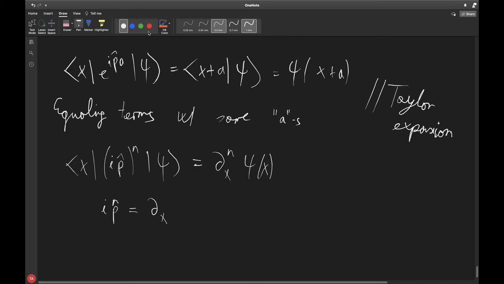And so from this, if I multiply with I, then I get minus p here, so let's multiply with minus I. So that leads to the p operator, the momentum operator, to be a derivation by x, or derivation by a component. And I again included the h bar here just for dimensional purposes.